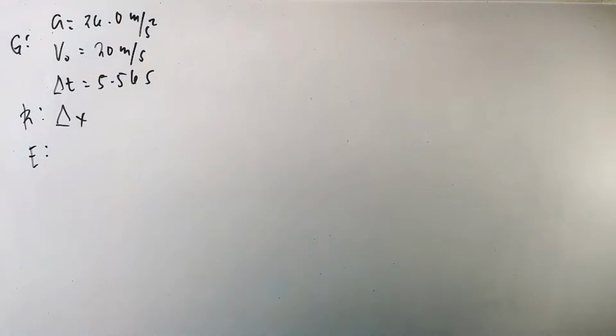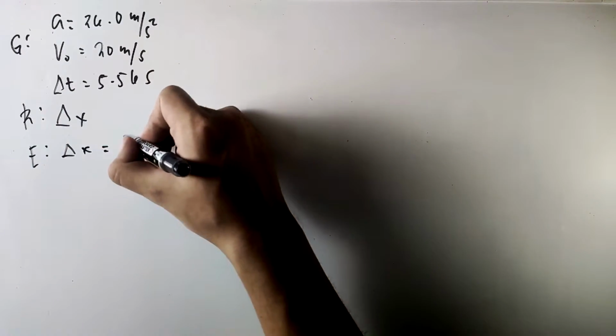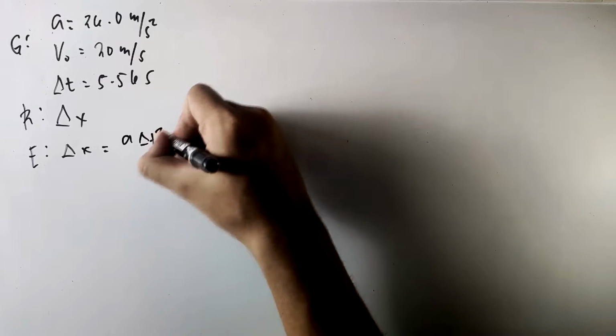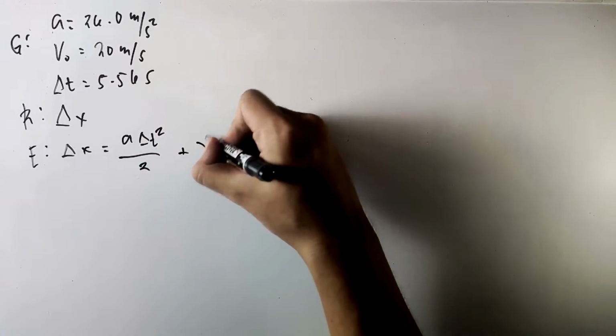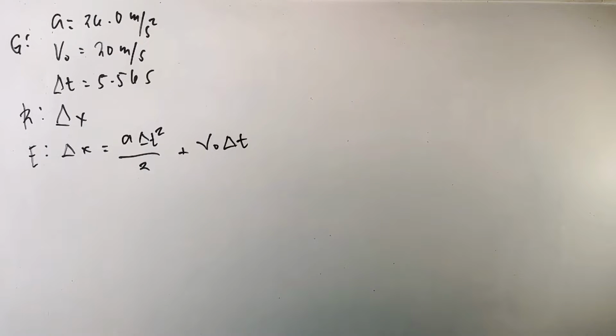So take a look again at your practice table, and you're going to notice that the equation we're going to use is delta x is a delta t squared over 2 plus v sub 0 delta t. Correct? So check the units.